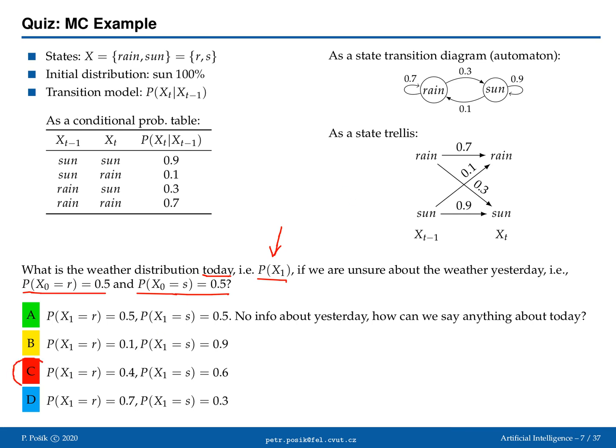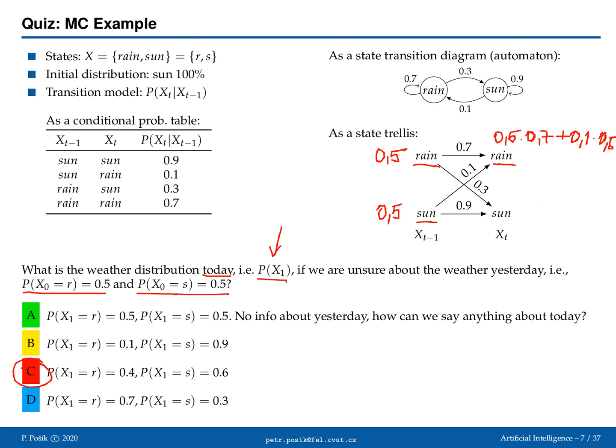Why is option C the correct answer? Because if the rain state had a probability of 0.5 yesterday, and the sun state had the same probability yesterday, then with probability 0.5 times 0.7 plus 0.1 times 0.5, we get to the rainy state for today.